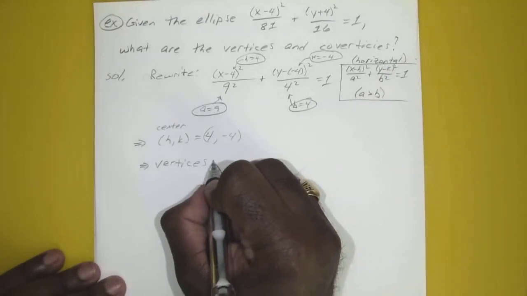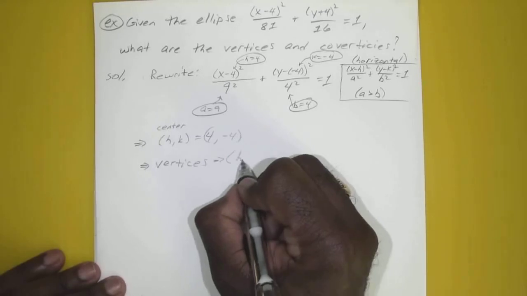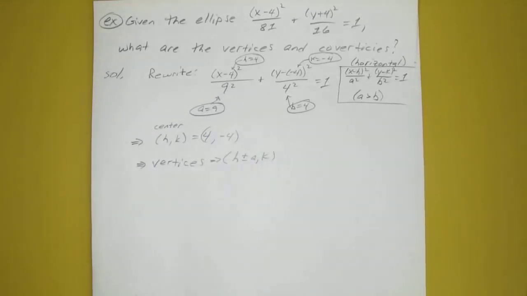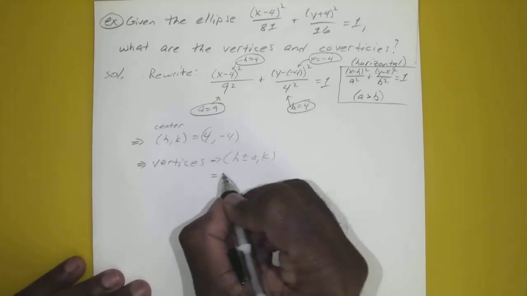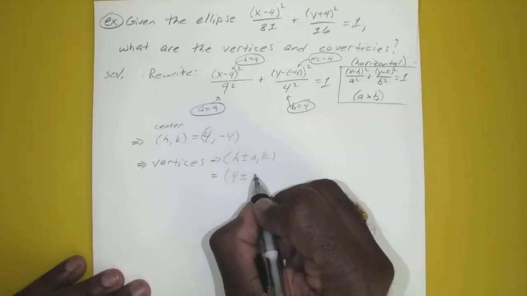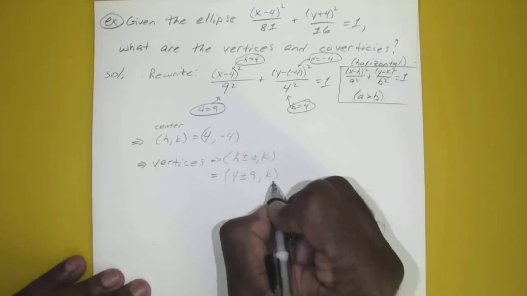For horizontally stretched, it's h plus or minus a, k. Okay. So we know that a is equal to 9. Our h is 4, so that's 4 plus or minus 9, k.